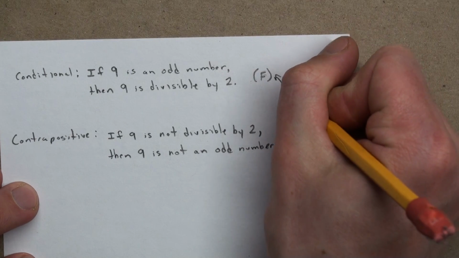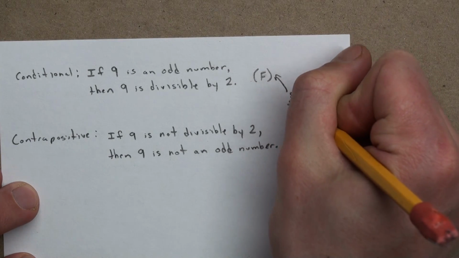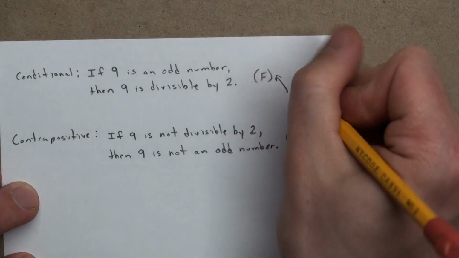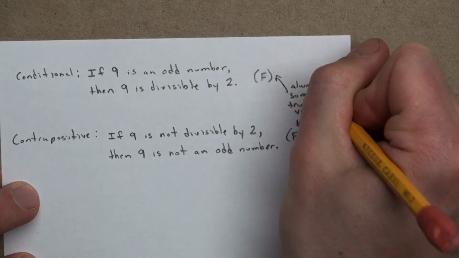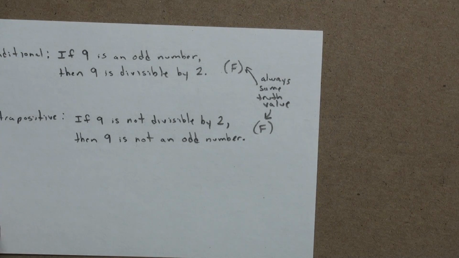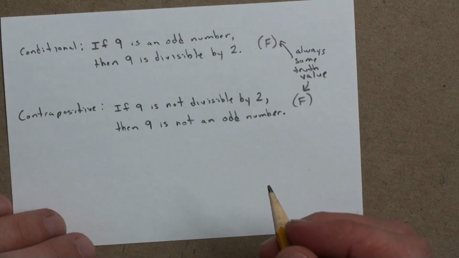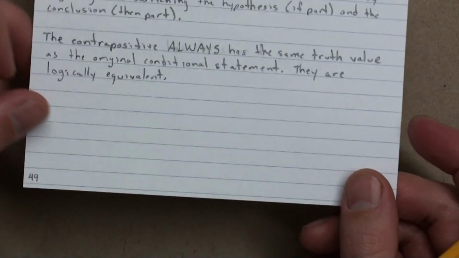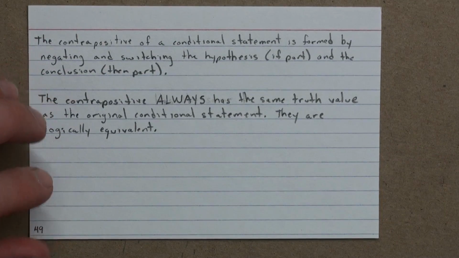Let's put a little arrow here. Same truth value. Let's put always same truth value. Okay, so that is the 49th card. And that's pretty much it for logic stuff.